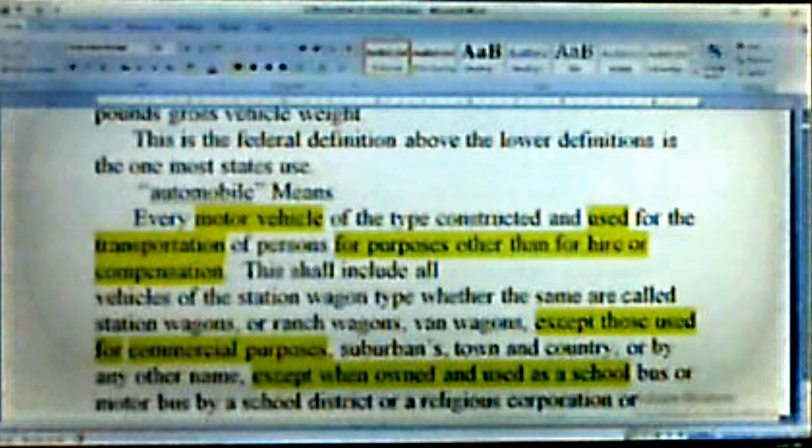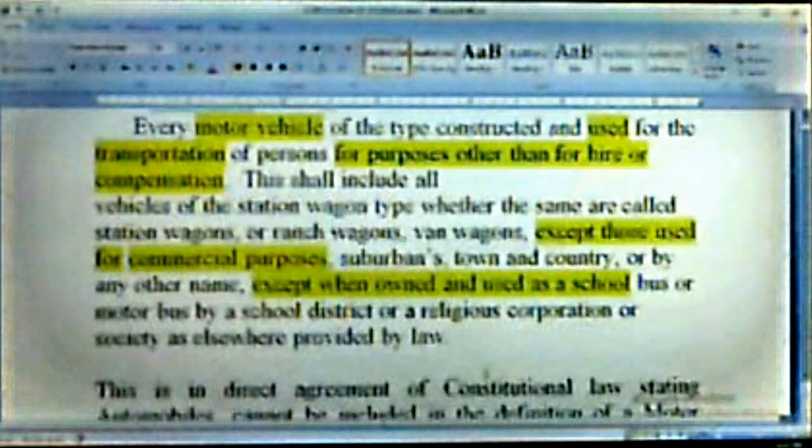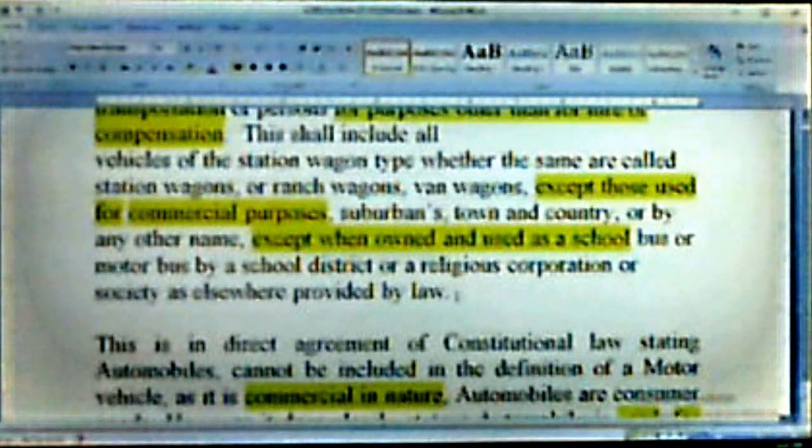And it goes on to say this shall include vehicles of the station wagon type, whether the same are called station wagons or ranch wagons, van wagons, except those used for commercial purposes. And you notice that term, except those used for commercial purposes. Suburbans, town and country, or by any other name except when owned and used as a school bus or motor bus by a school district or a religious corporation or society as elsewhere provided by law, right? Because we know there's different regulations for some of these different individuals.